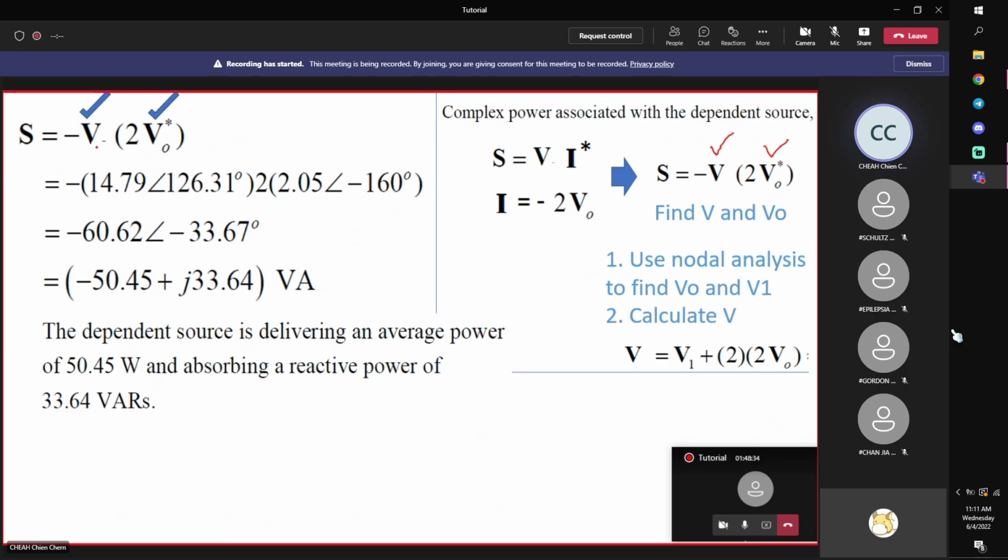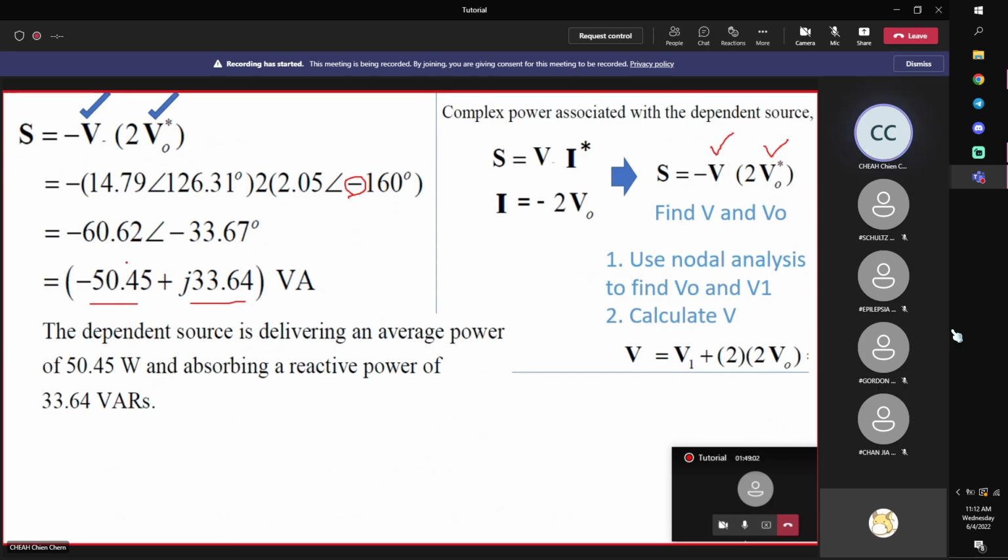Which is negative V times I asterisk, right? So remember to reverse the sign of your V0, because you're taking the complex conjugate, and then we will have a complex power with a real part and an imaginary part.